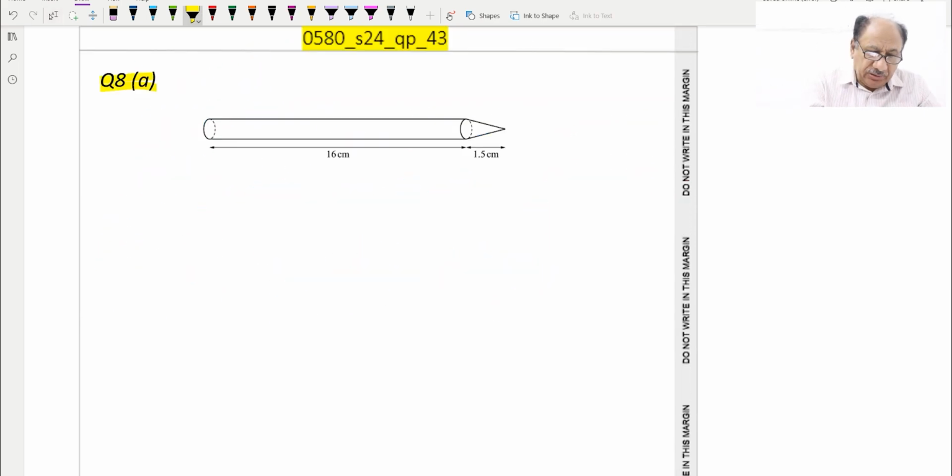Question 8a part. The question says the diagram shows a solid made from a cylinder and a cone. This portion is the cylinder and this portion is the cone. Next, the height of the cylinder is 16 centimeters and the height of the cone is 1.5 centimeters.